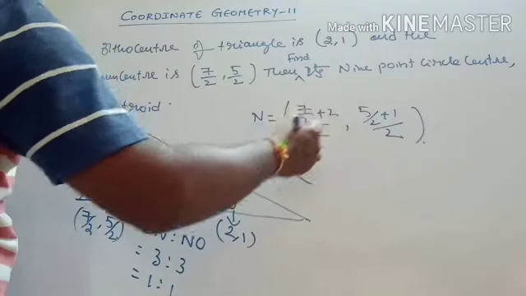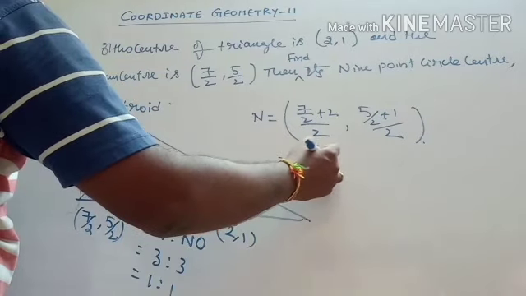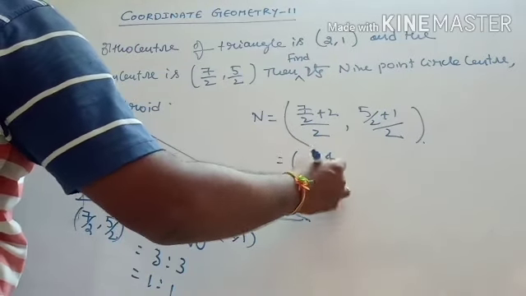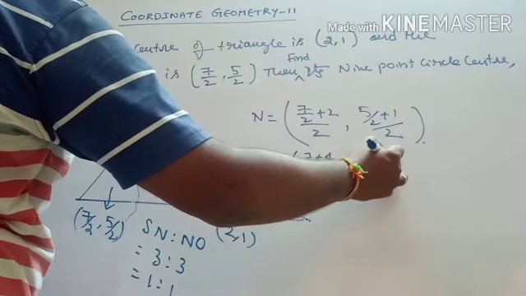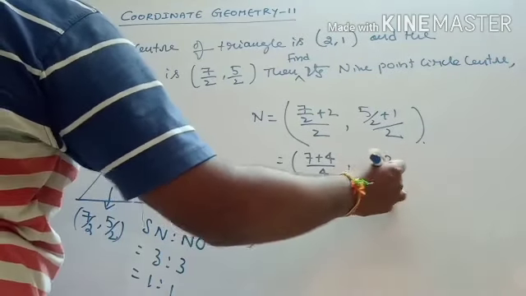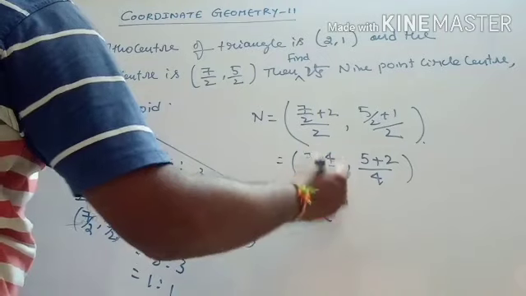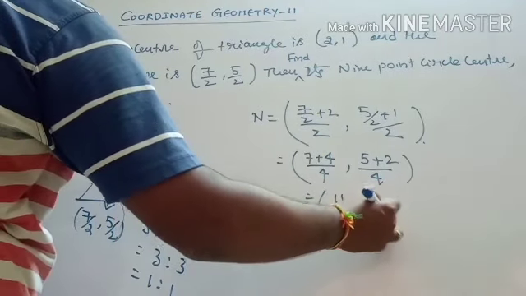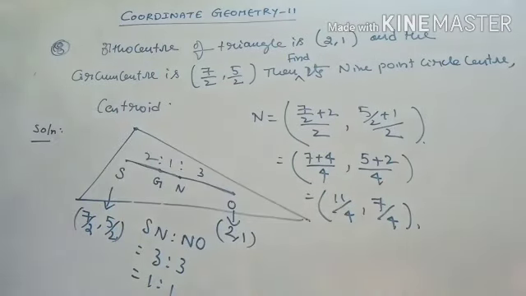Now once you take the LCM, I am writing directly 7 plus 4 by 4 comma 5 plus 2 by 4, like this. Now this is 11 by 4 comma 7 by 4. The 9-point circle center. See here, that is what we have got, 11 by 4 comma 7 by 4. Right?